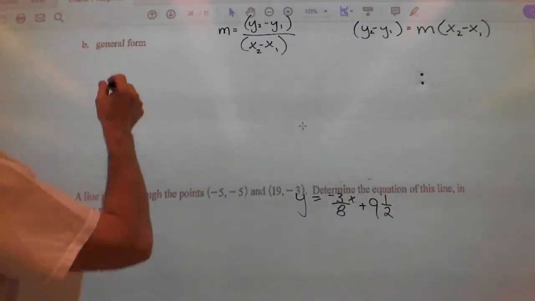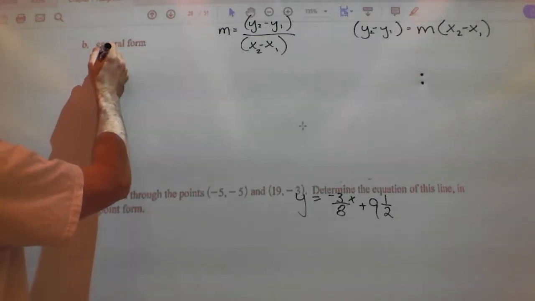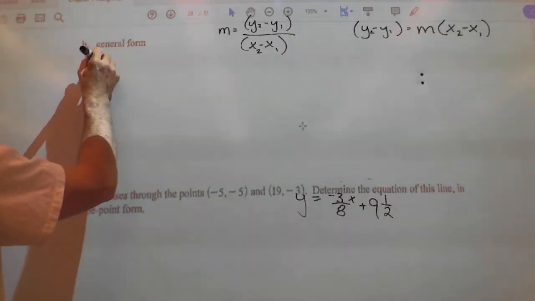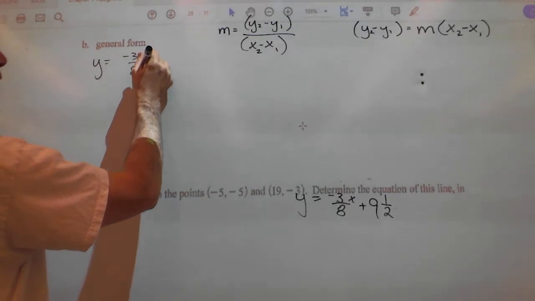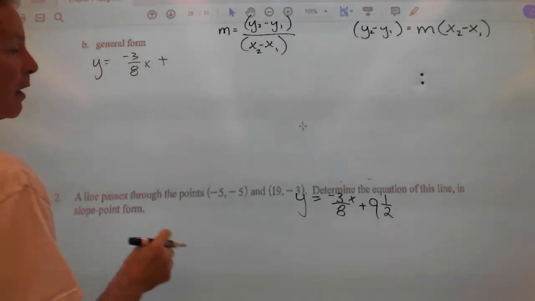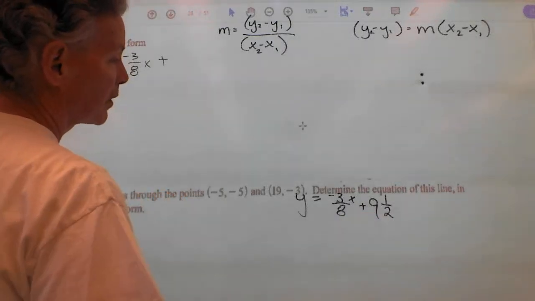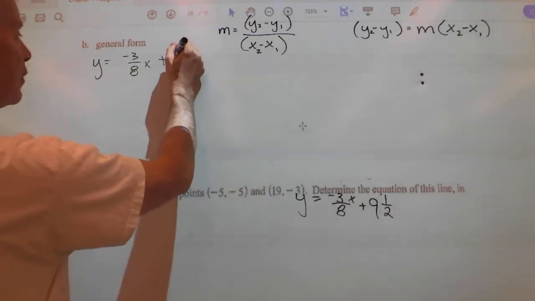Okay, so we've got our slope-intercept form equation. We want to convert it to general form. So y equals negative 3/8 x plus, now I'm going to put this back into an entire fraction. Okay, so 9 times 2 is 18, plus 1 is 19 over 2.